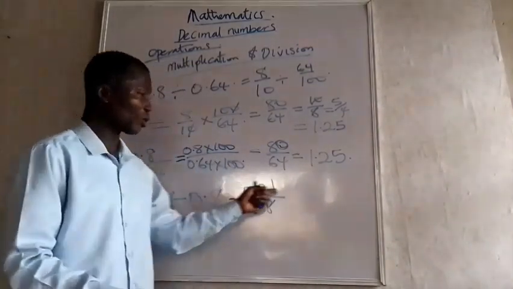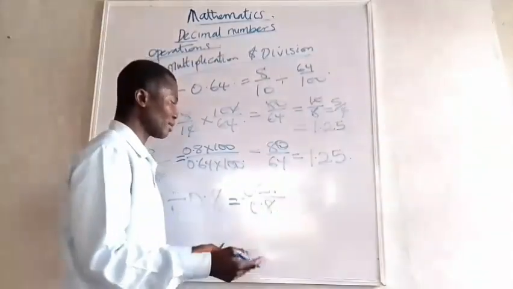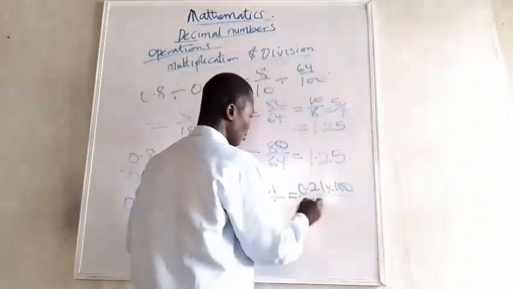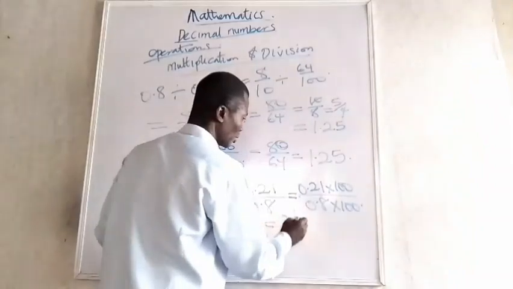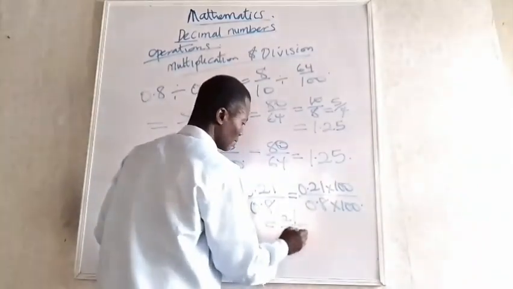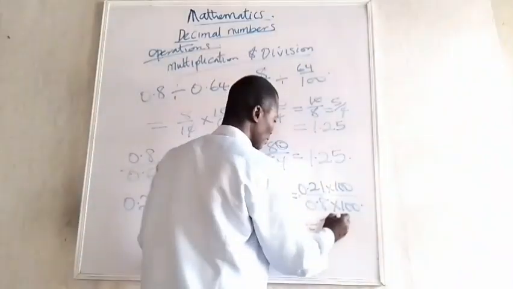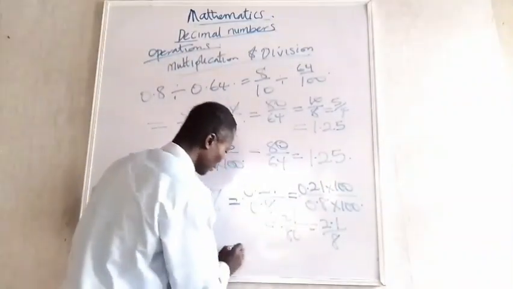If you want to make this one a whole number, you multiply by 100. Let's see, 0.21 times 100 over 0.8 times 100. So this gives me 21 over 8. And if you want to work it further, make it 2.1 over 8.